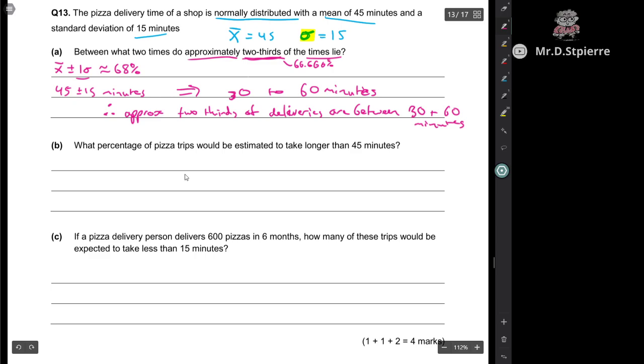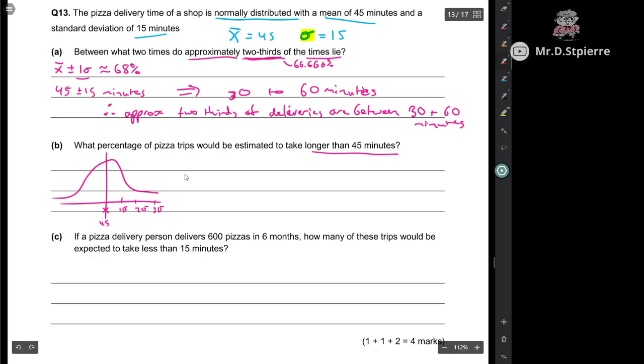So this is coming down. I'm going to draw a little quick normal distribution. It's like that, and we have our mean at 45. We have 1 standard deviation, 2 standard deviations, 3 standard deviations. It's asking the percentage of trips that take longer than 45 minutes. Well, this is actually quite a nice easy question.